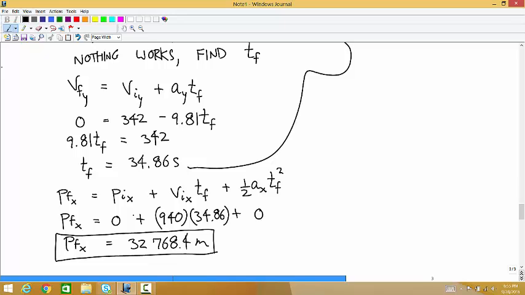And so air resistance had a huge horizontal effect on the motion, but a negligible vertical effect. Or in other words, the effect of the air resistance on the vertical motion was exactly the same as the effect of air resistance on the dropped bullet. Any questions about that?